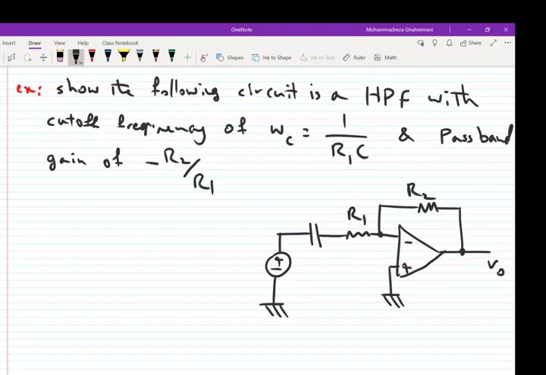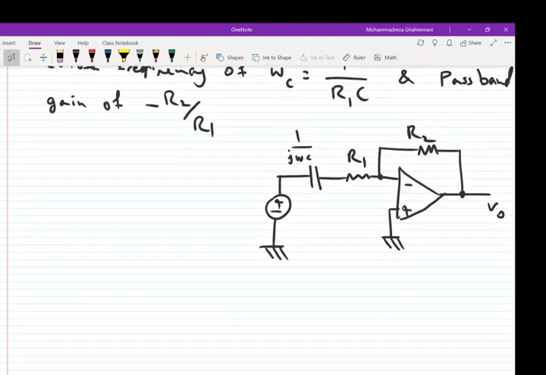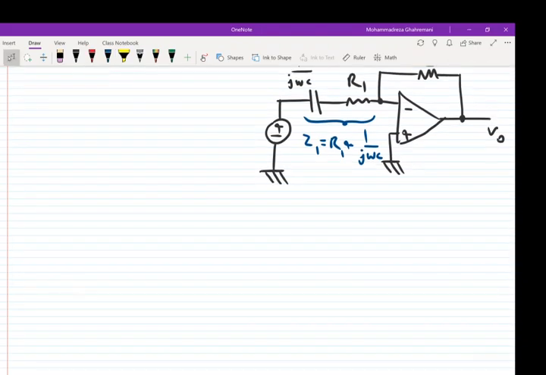The capacitor has an impedance of 1 over j omega c, of course, and we want to solve this circuit. The first thing we should do: we know that these two elements can be combined together, and we have Z1 equal to R1 plus 1 over j omega c.